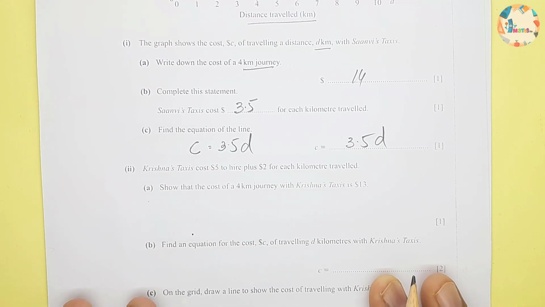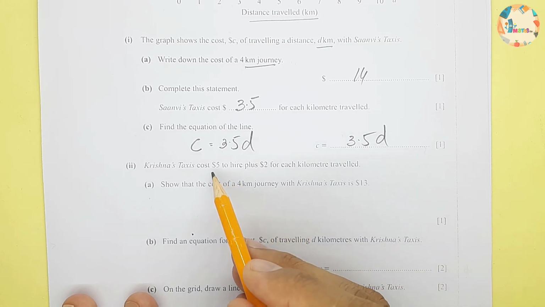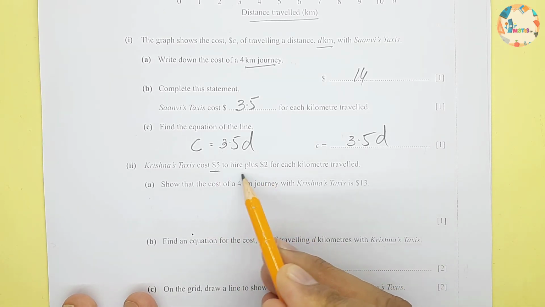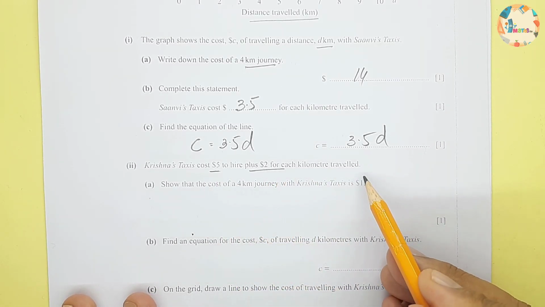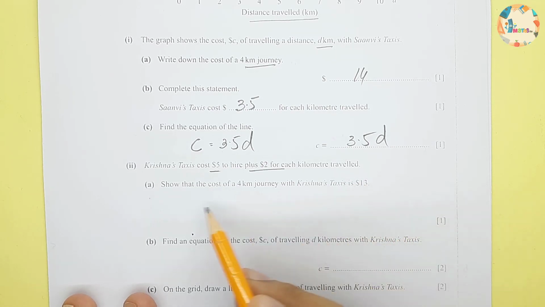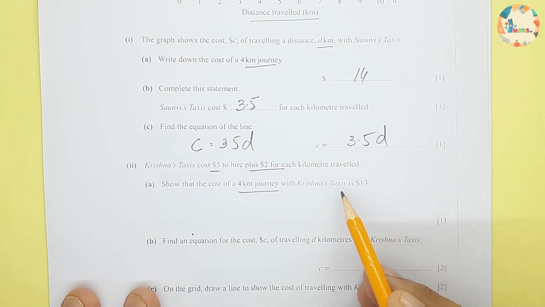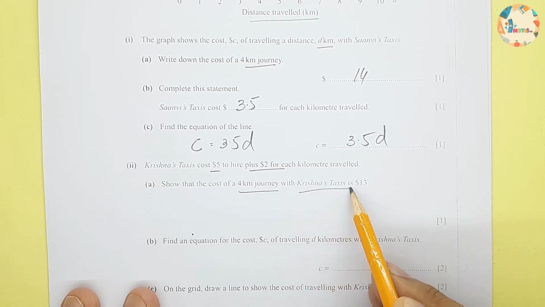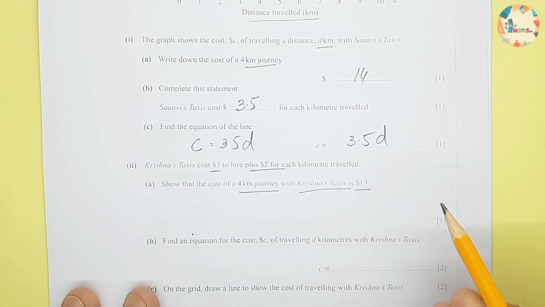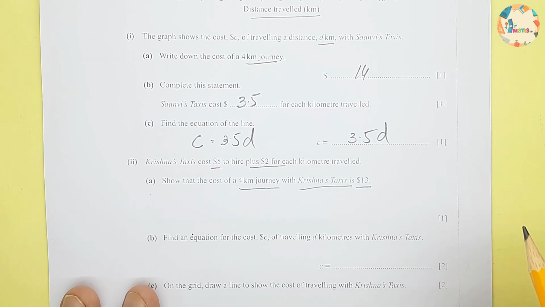Krishna's taxis cost $5 to hire plus $2 for each kilometer traveled. Show that the cost of a 4 kilometer journey with Krishna's taxis is $13.